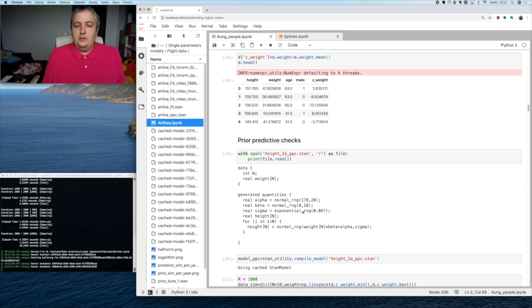We can assign the prior for alpha the same, because alpha still represents the mean of the population. This part is lost when centered weight is equal to 0, so the weight is equal to the mean. So for the mean value of weight, we will have the mean value of height of a person in the population. We leave the same prior for sigma.